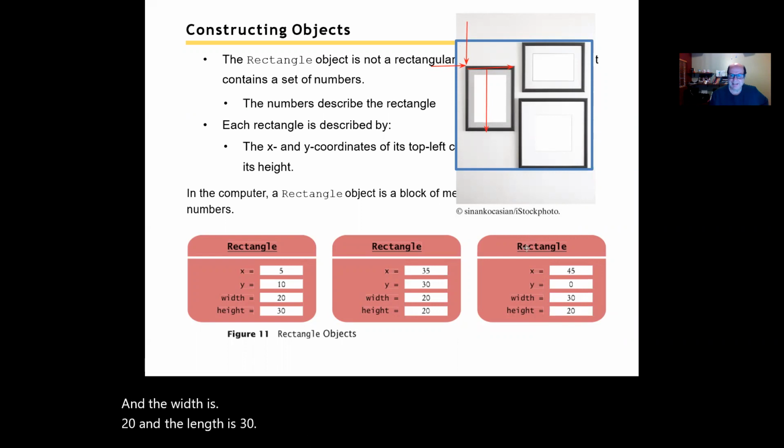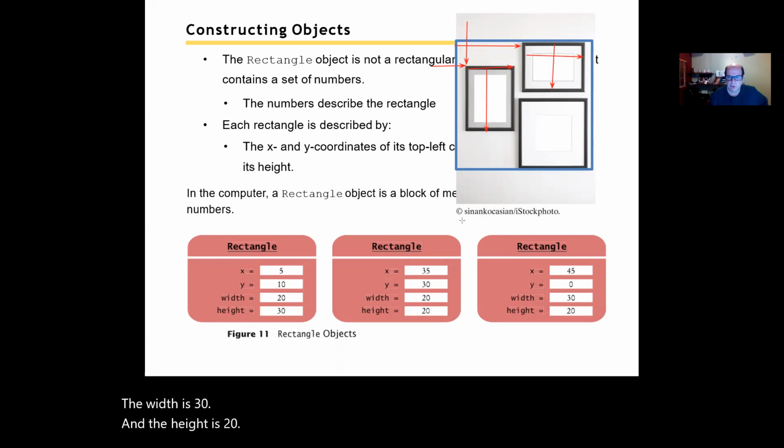Then I go to the last one here. It says X is 45. That's my X, 45. Y is 0. There is no Y for it. The width is 30, and the height is 20.